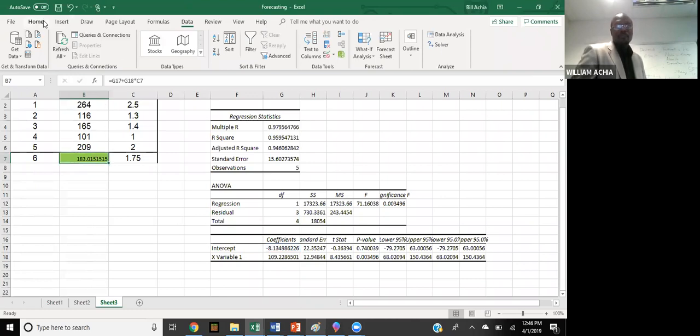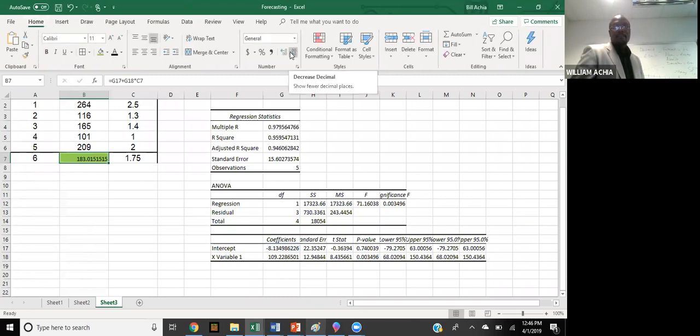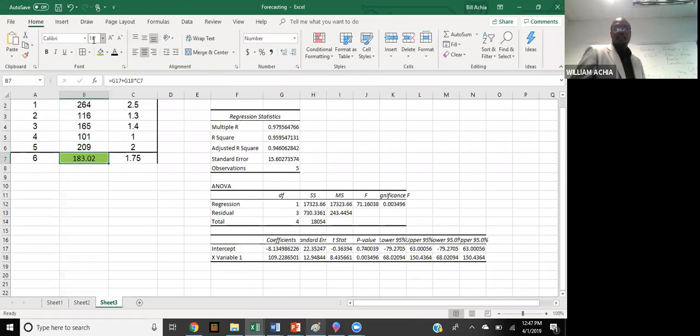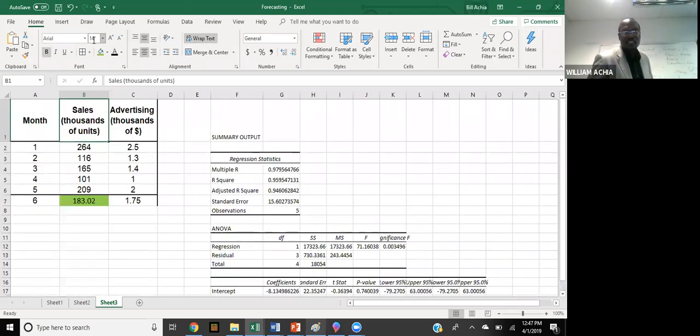And let me reduce my decimal points. Center. Make it bigger. Okay. So what does this tell me? It tells me if we spend $17.50 in advertising, we should expect around 183. What's this in? How many hundreds of thousands of dollars? Thousands of units. Okay. So around 183 units would be sold within the 6 months.